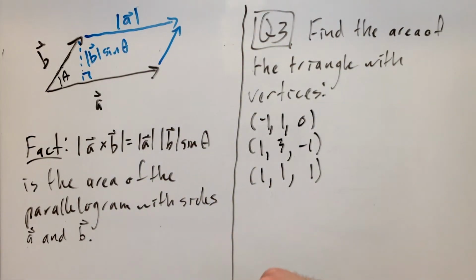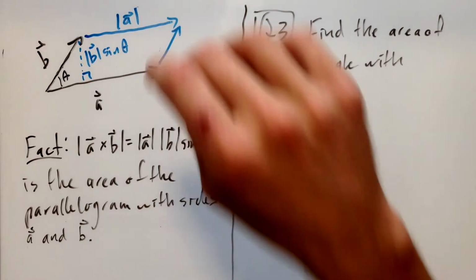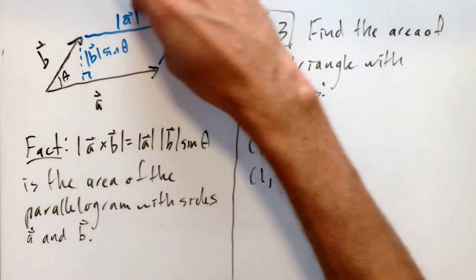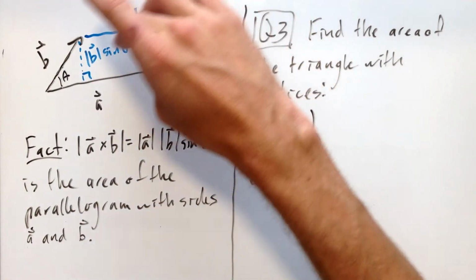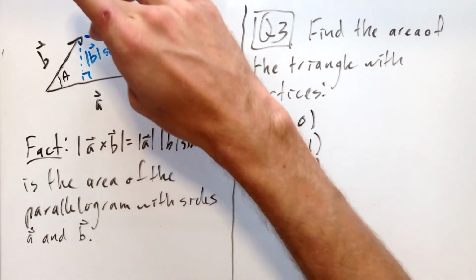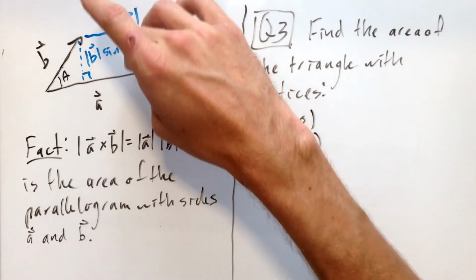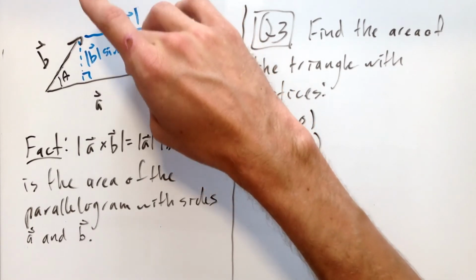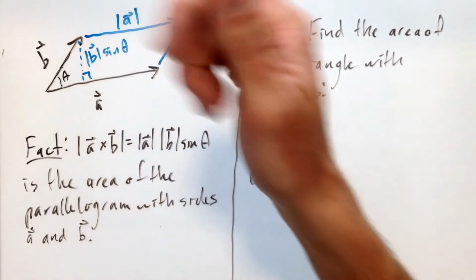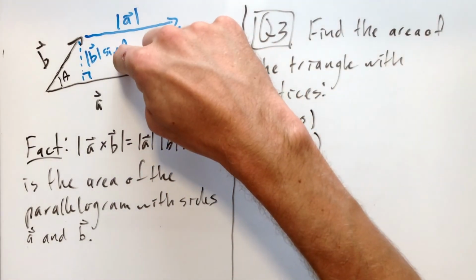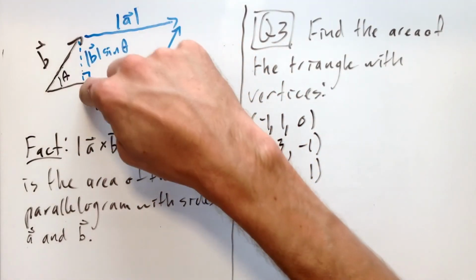Turns out that the magnitude of the cross product is equal to the area of the parallelogram, because the parallelogram has area equal to the length of one of its bases times the length of a height, which is the length of a perpendicular dropped from one of the bases to a parallel base. And well, how long is this? This is a right triangle right here.